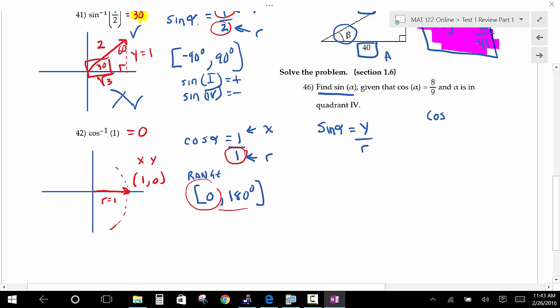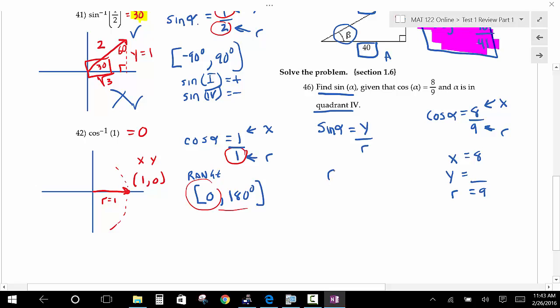They gave you the cosine of alpha is 8/9. Well, the definition of the cosine is x over r, so that means you have been given that x is 8 and r is 9. The other thing they give you is a hint that will help you figure out what y is, and we'll get to that in a minute with quadrant 4.